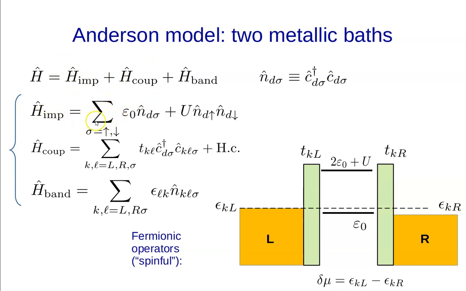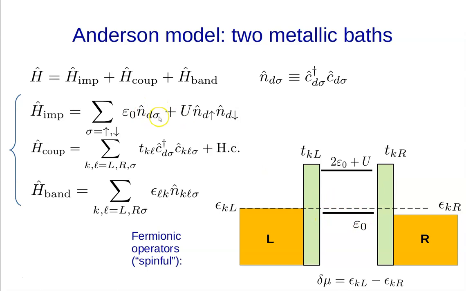So it's the sum over spins up and down of epsilon naught, which is the energy of the impurity level, times the number operator for the dot here, but this is the impurity, okay? I'm already jumping into thinking of this as a quantum dot, but this is the impurity, and these are like the d levels.